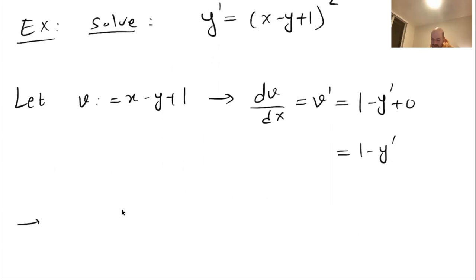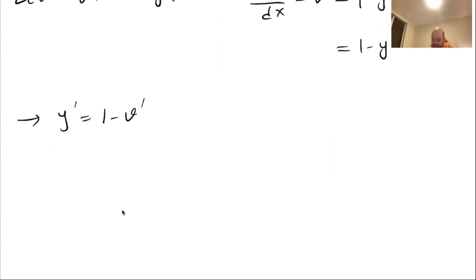So that means y prime will be 1 minus v prime. Then we will have 1 minus v prime equals v squared, or I can write it as v prime equals 1 minus v squared.